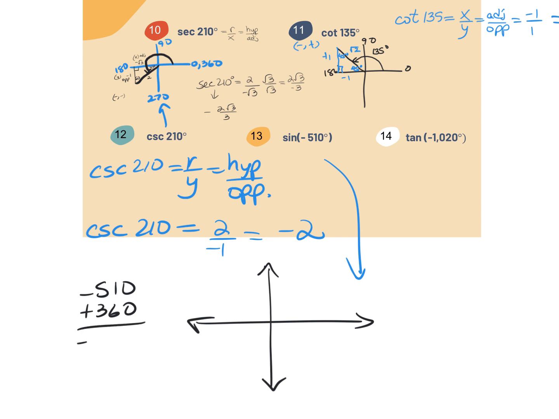So I know I got to go a full circle around. So I'm going to go a full circle. And then I got to go 150 degrees more. So 90 and then another 60. So there's my terminal side. And my reference angle to get it back to the x-axis is 30 degrees more.